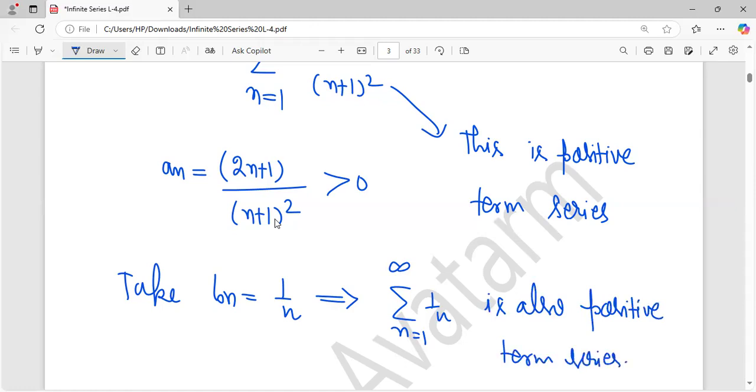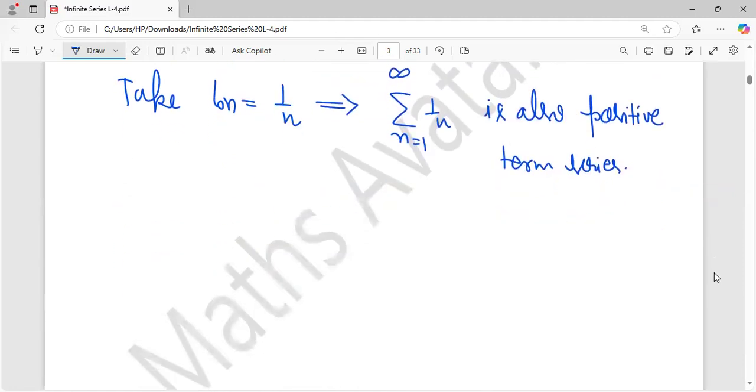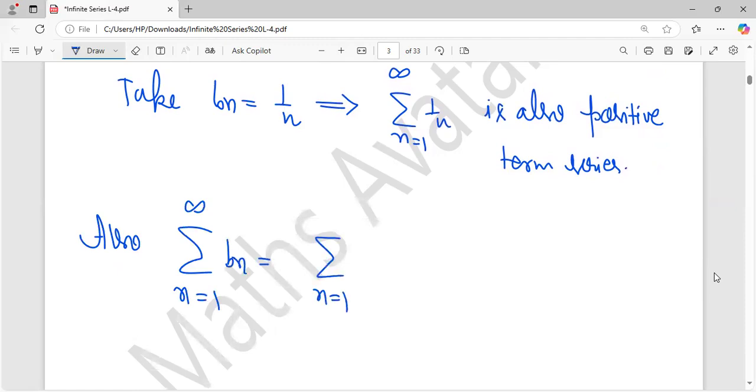Now this b_n series is divergent, that is summation b_n is a divergent series.